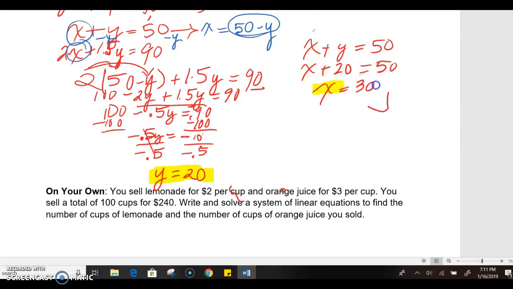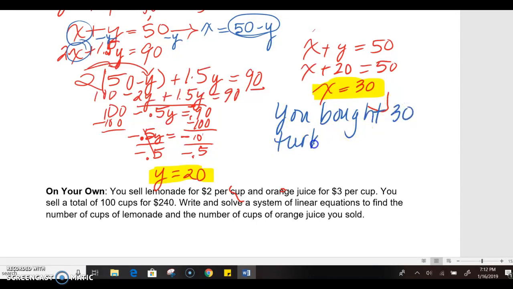Now, when you solve a word problem, we're not going to write our answers in an ordered pair like we normally do. We're going to write our answer as a sentence with labels. So if x is 30 and y is 20, that means you bought 30 turkey burgers and, sorry, y is 20, so 20 veggie burgers for a total of 50.